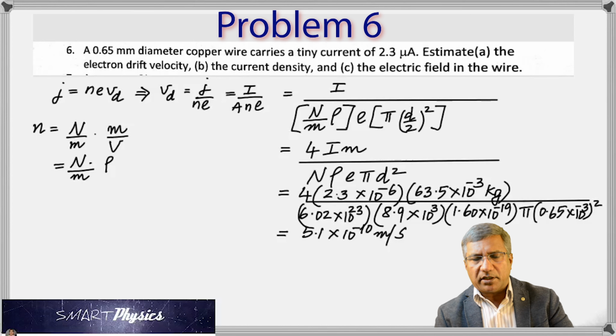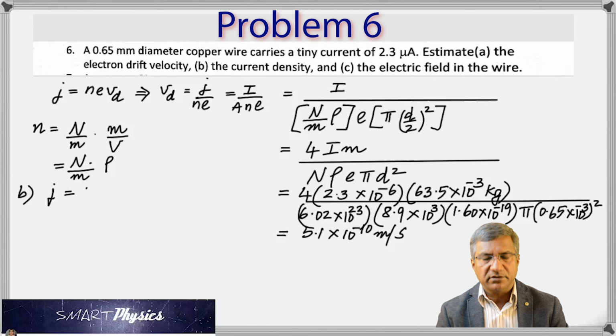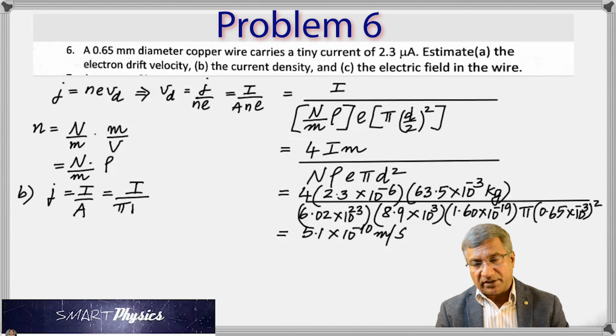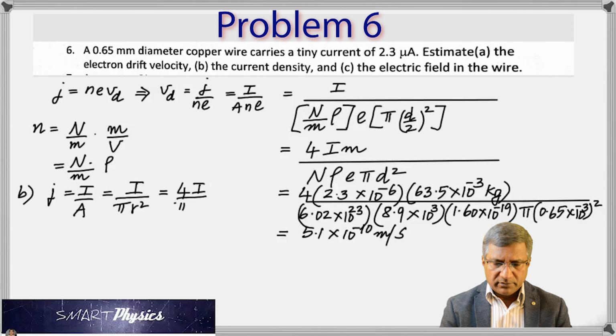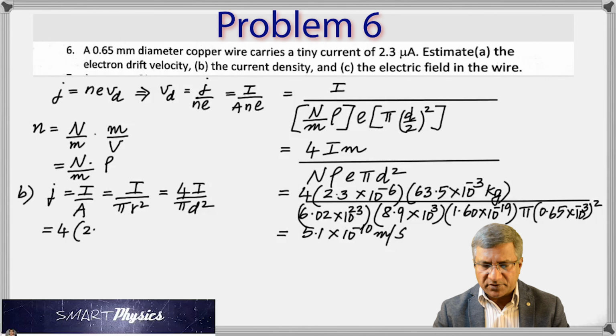And now the B part. You're asked to find the current density. That's easy because current density is just the current divided by the area of cross section. So the current is, and the area of cross section is pi r squared. Once again, I put it in terms of the diameter.